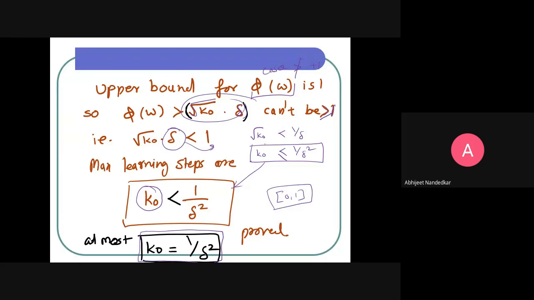Okay, so since k0 is a finite number, it means that the number of steps are also finite. Okay, so this proves the concept of convergence.